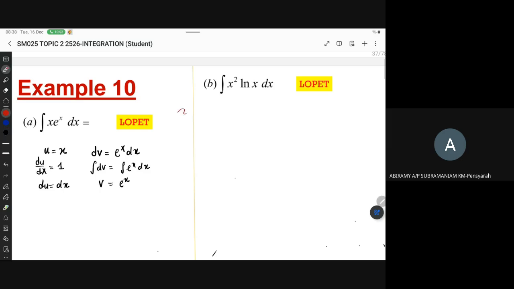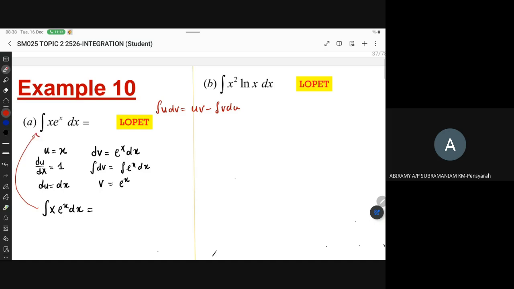Now how to use by parts? The integral of x exponent x dx. First we write down the formula of by parts: integral of u dv equals uv minus integral of v du. So u dv, u is x, dv is exponent x dx, so we get back the question.